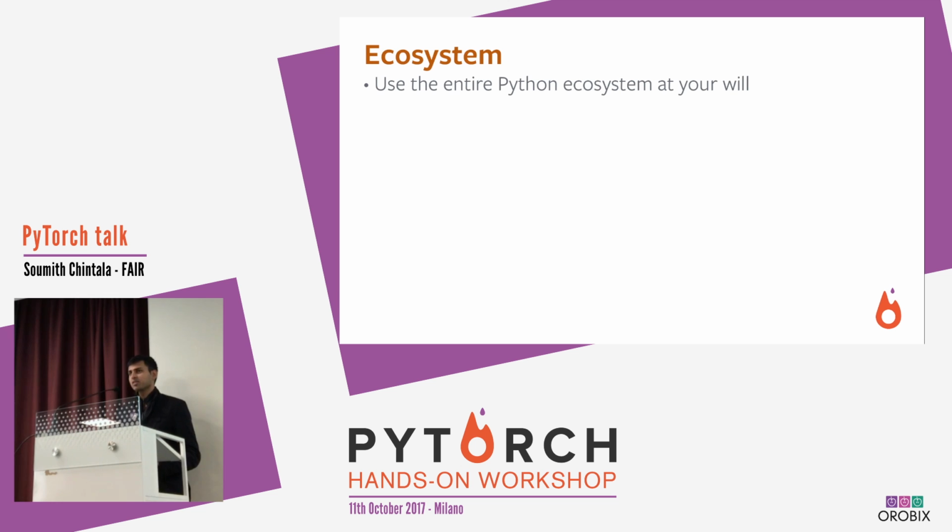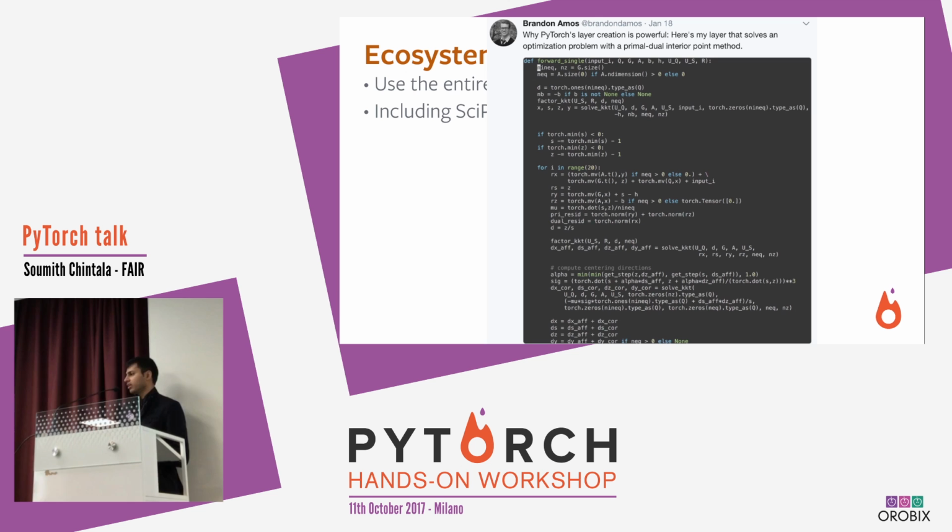The other thing, as I mentioned, because PyTorch is a Python package, you can use the entire ecosystem. In PyTorch neural networks, you can intersperse SciPy, for example, and we have a tutorial on how to do that as well. One of the crazy things I saw was a PhD student from CMU.